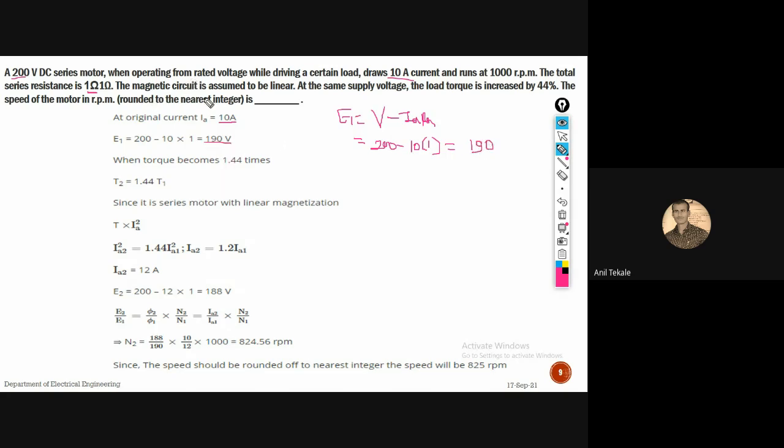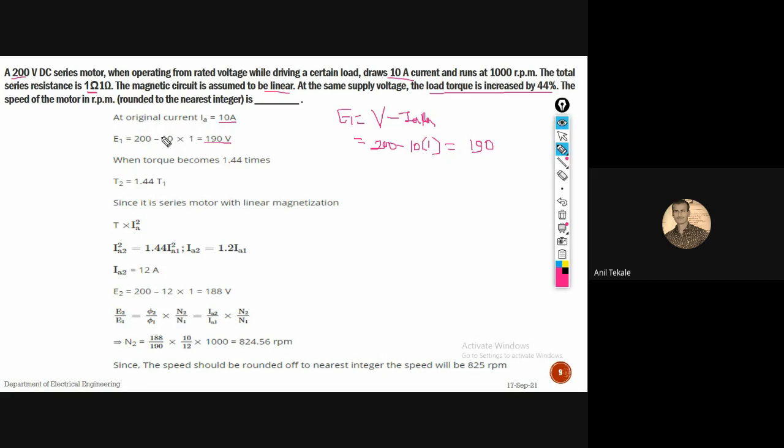Now read the next part. The magnetic circuit is assumed to be linear. At the same supply voltage, the load torque is increased by 44%. Now see which type of motor is given. It is a DC series motor.